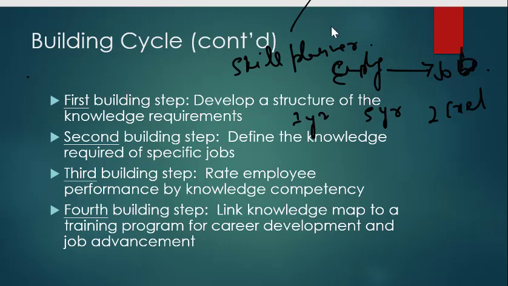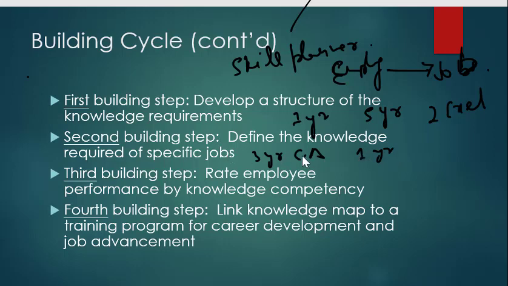Then we need a second step. The second step is to define the knowledge required for a specific job. That means we're talking about a specific job. For example, what can be required is 3 years of cost accounting in retailing and a minimum of 1 year of supervisory experience for entry level management.